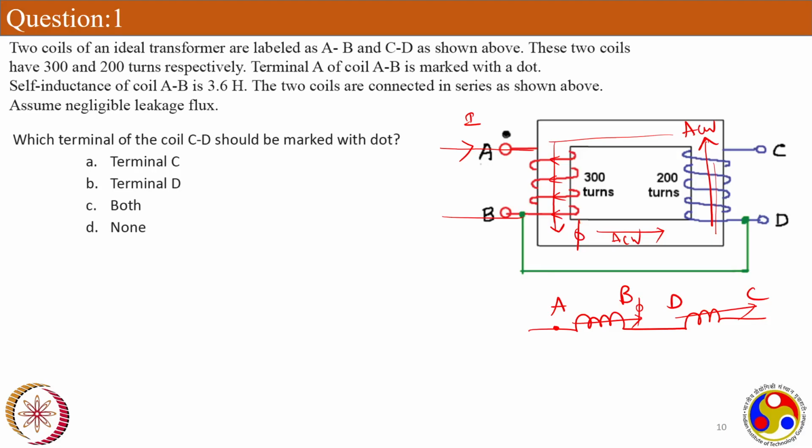It's very natural to think that if the flux in AB is anti-clockwise, the flux in CD should be clockwise to oppose the cause. But it's not like that, because they are not magnetically coupled; they are electrically connected. Now, to get the anti-clockwise flux in CD, the current should enter at C or D.